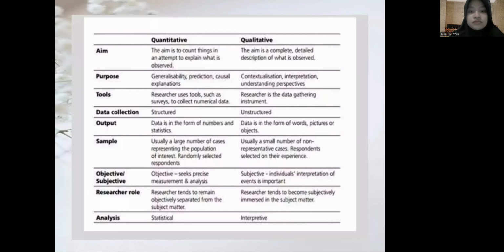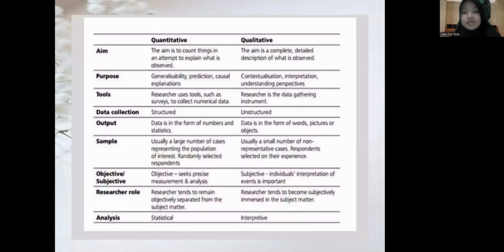The sample in a quantitative study usually uses a large number of cases representing the population of interest. Maybe it also has randomly selected respondents. But in qualitative, this is usually a small number of non-representative cases, and respondents selected on their experience. So we have to choose. And then is it objective or subjective? In a quantitative, this is more objective, because this is precise, measurable, and analyzable.